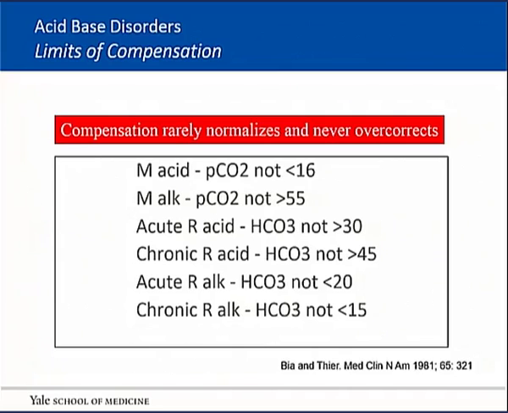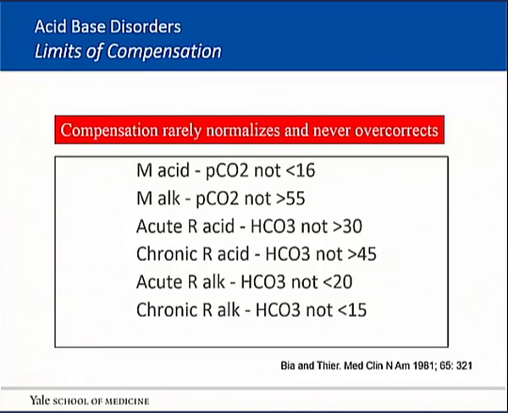It stays below normalization. And the other thing is that there are some limits of compensation. So, for example, for metabolic acidosis, the PCO2 rarely goes below 16. If it's going below 16, you've got an associated respiratory alkalosis. In metabolic alkalosis, the PCO2 essentially never goes above 55. If the PCO2 is above 55, there's associated respiratory acidosis, so on and so forth.